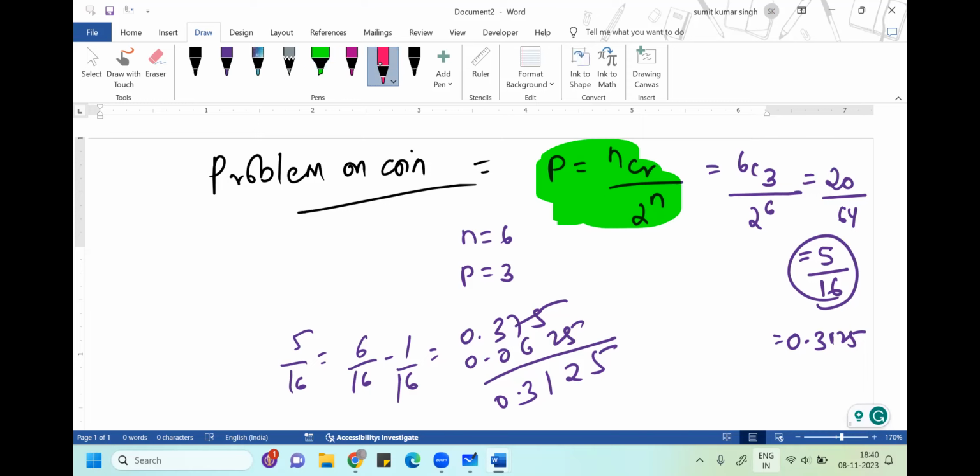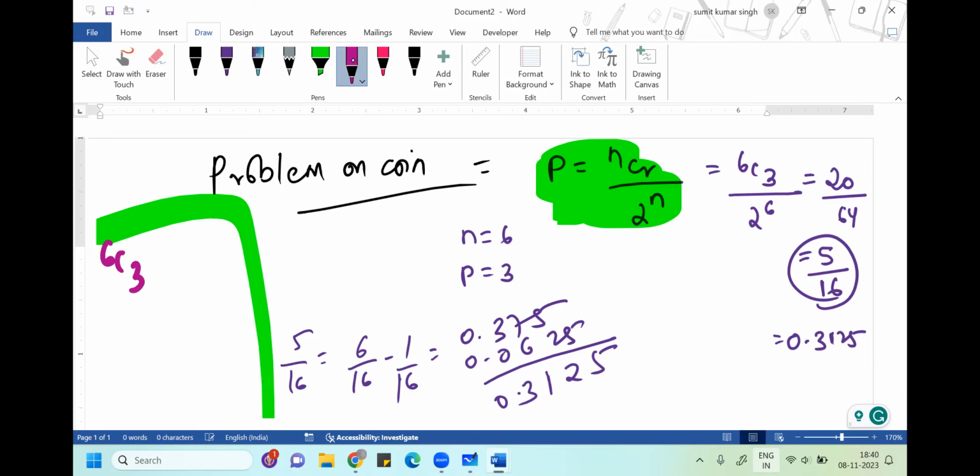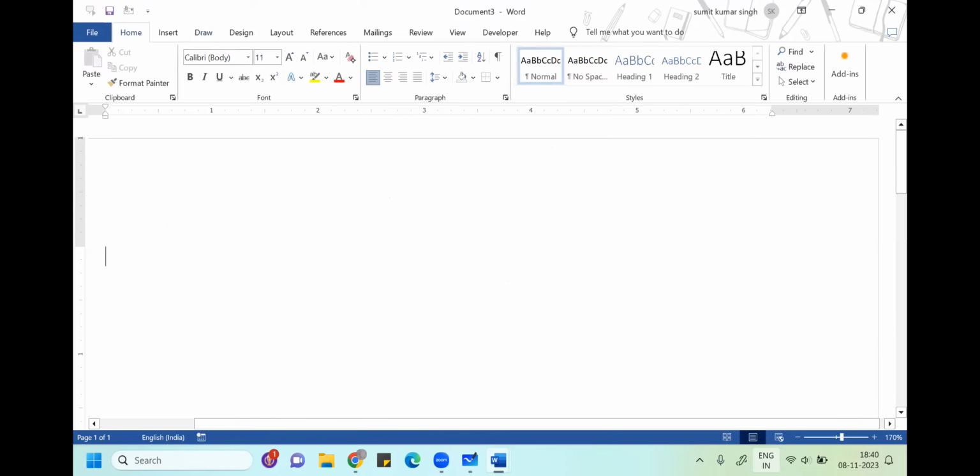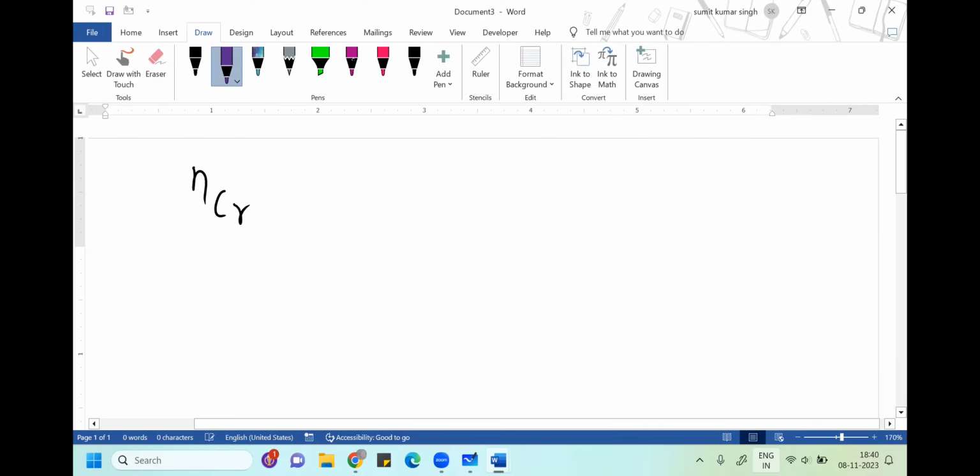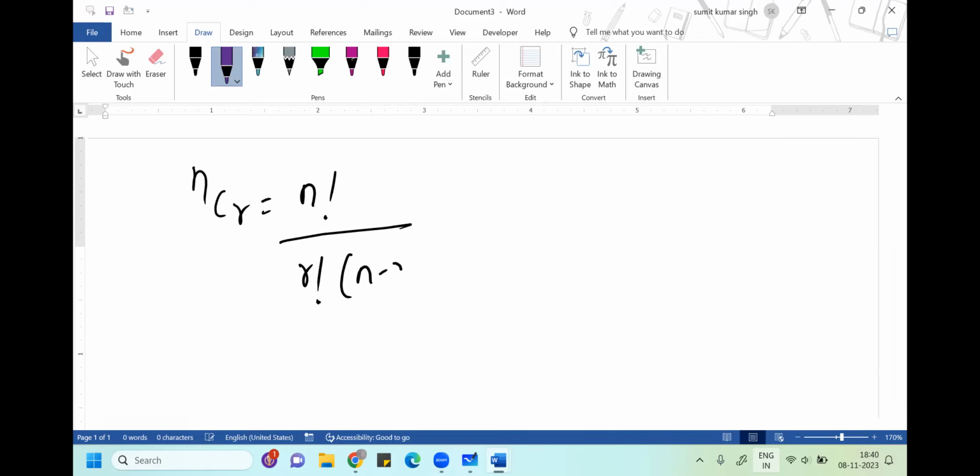Oh sorry, you guys know or don't know how to find 6C3? Okay, so this is the formula. NCR is equal to n factorial by r factorial into n minus r factorial. So if I'm asking you 6C3, you have to do 6 factorial by 3 factorial into 6 minus 3 factorial.